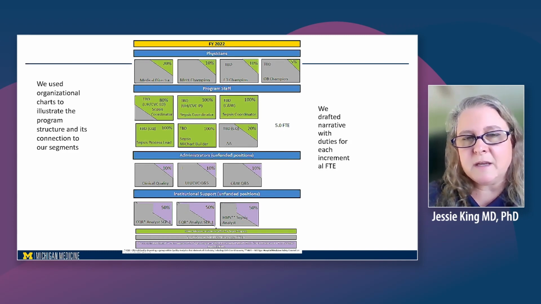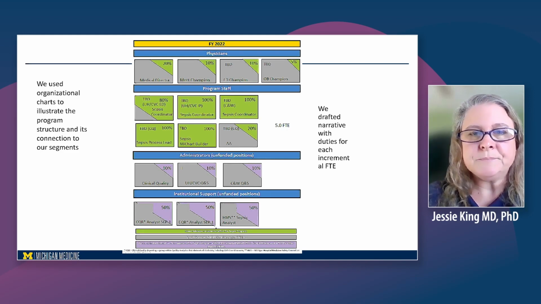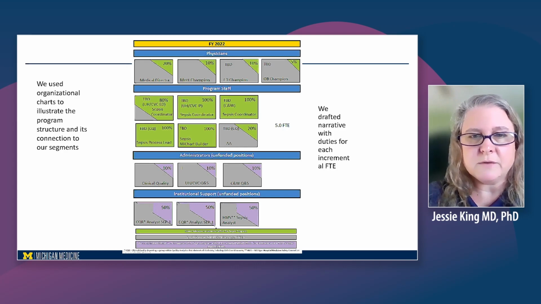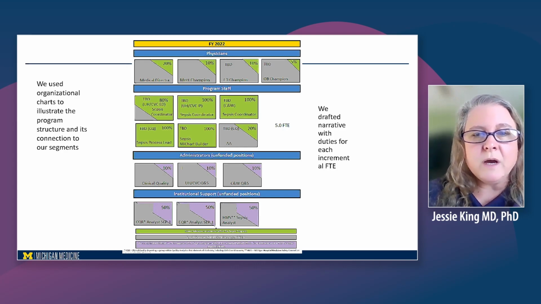And then we have dedicated physician champions in MOT, which is our pediatrics area, in OB for our women and children's or women's hospital. And then in the ED, the ED sepsis champion has proven to be crucial in moving our sepsis initiatives forward.